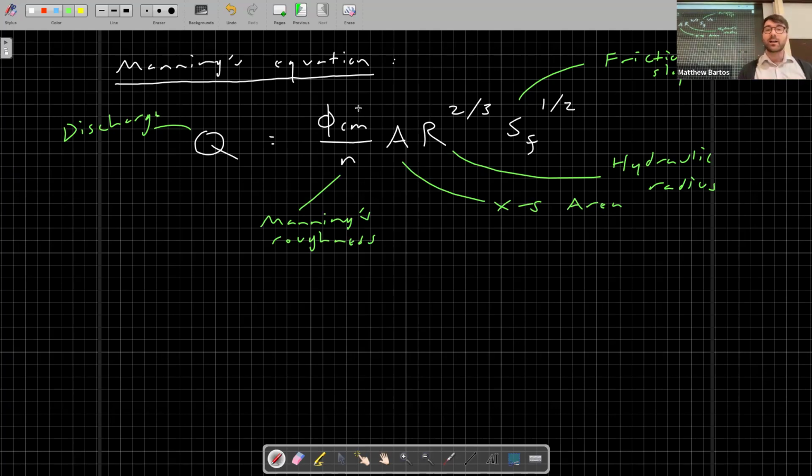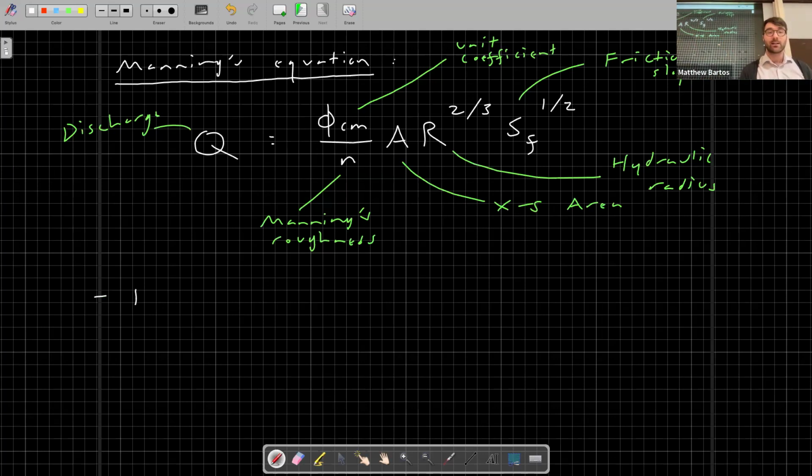And then this phi CM coefficient is a coefficient that depends on your units. So the Manning's equation is not dimensionally consistent, so we need this factor here depending on what unit system we're using to ensure that the units work out. And so this phi coefficient takes on different values depending on what unit system you're using.